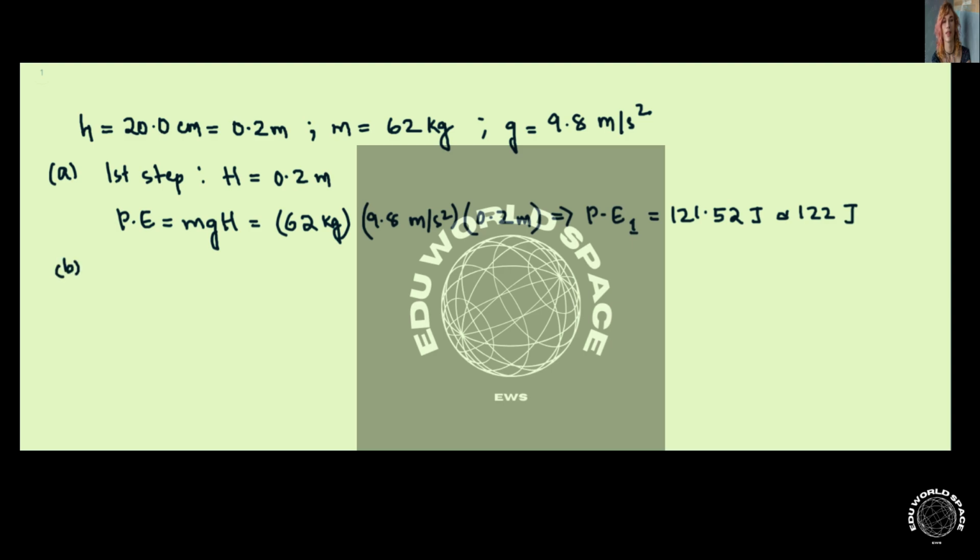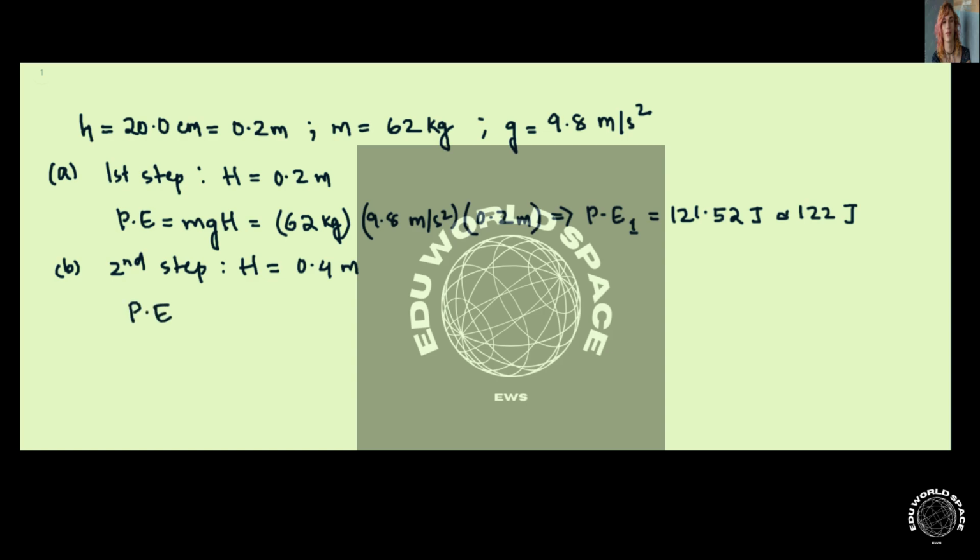The second question is similar to the first one, but here the person is standing on the second step of the stair. So the height of the person from the ground will be 2 times the height of each step. So it will be 0.4 meter now.